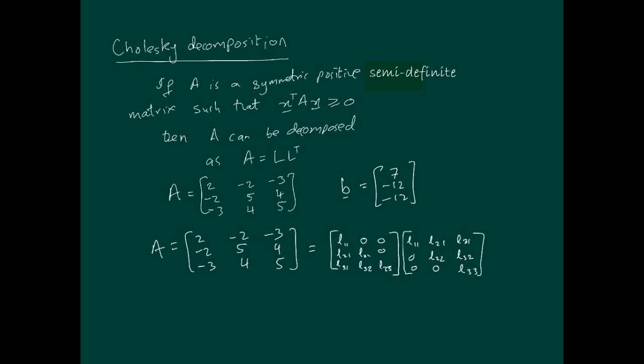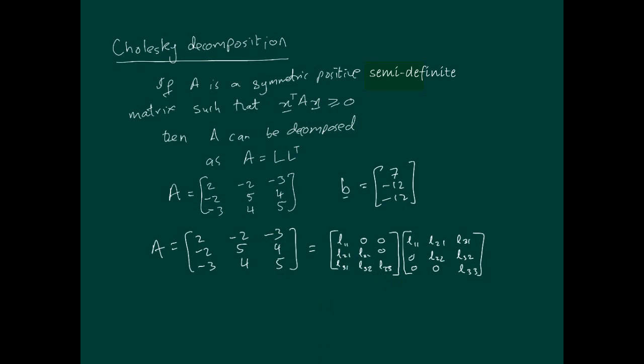But the way we find the Cholesky decomposition is by now multiplying these two matrices. And we know that two matrices, like in Doolittle's method, are equal if each corresponding entry is equal to each of the entries on the other side.